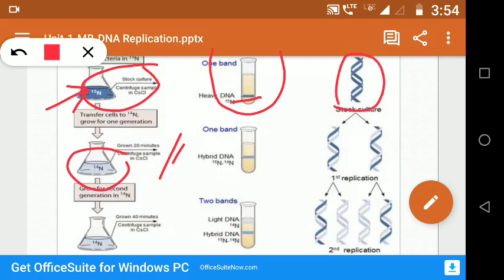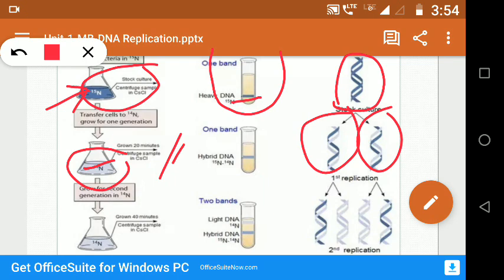Earlier we had the DNA that contained two strands, each labeled with N15, two heavy strands. Because it follows a semi-conservative model of replication, we will get two daughter cells, and each daughter cell contains one heavy and one light chain. This light chain is synthesized from N14 in the medium, and the heavy chain is inherited from the parent.